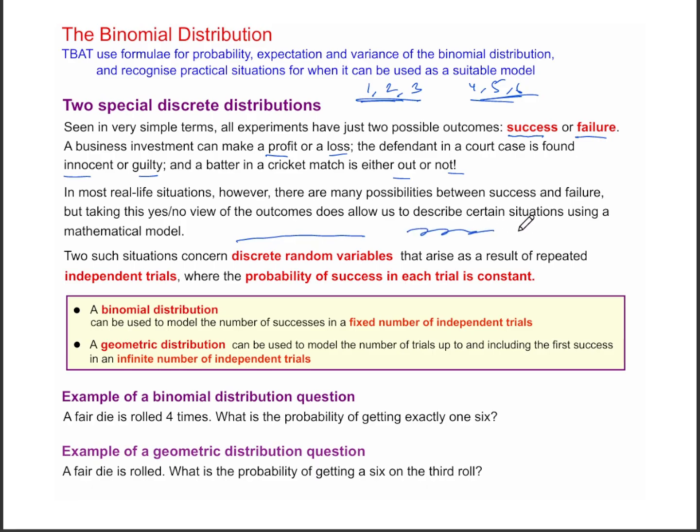For example, if there is a die, then it's being rolled multiple times, and each time it's independent. Not only that, also the probability of your success that you decide in each of those trials is the exact same. Then we can use either the binomial distribution or the other special discrete distribution, which is the geometric distribution.